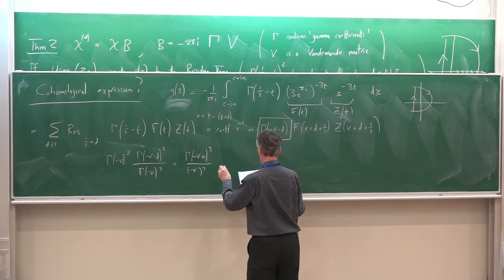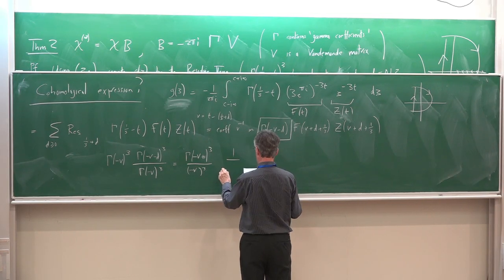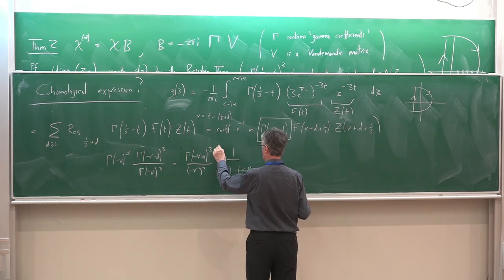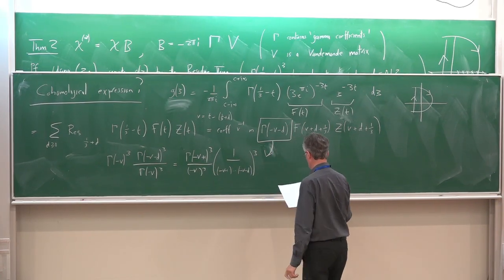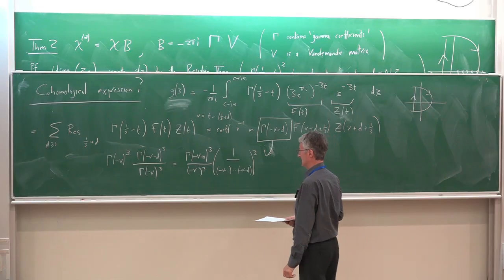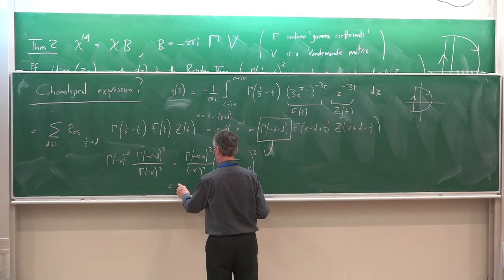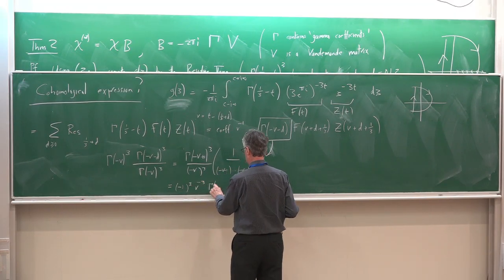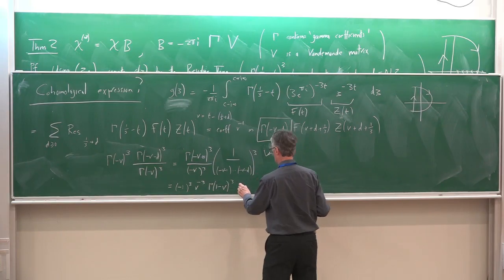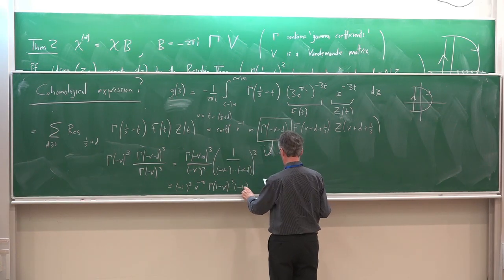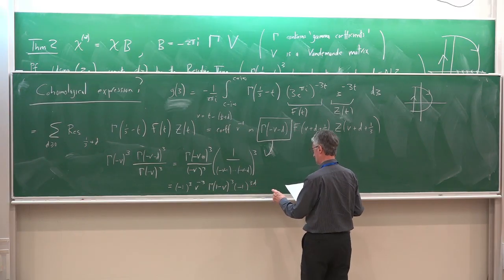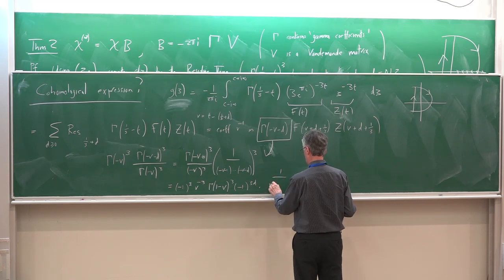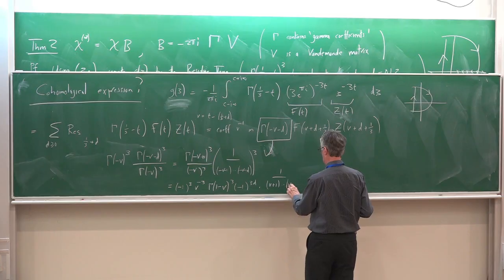by the property of the gamma function, and well, this one here is minus v minus 1, v minus d, all cubed, which is minus 1 cubed, well, that's minus v to the minus 3, gamma 1 minus v cubed, and then I take out all the minuses here, so minus 1 to the 3d times something which starts to look familiar from last time.